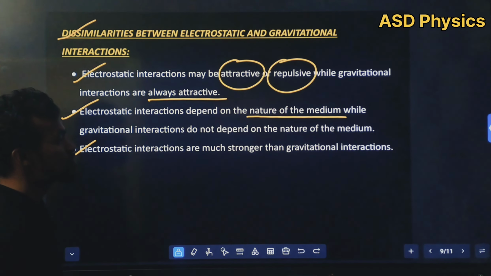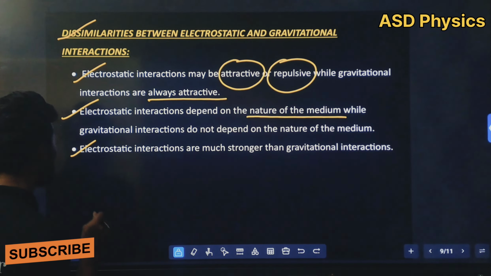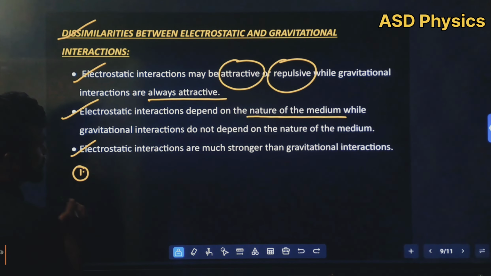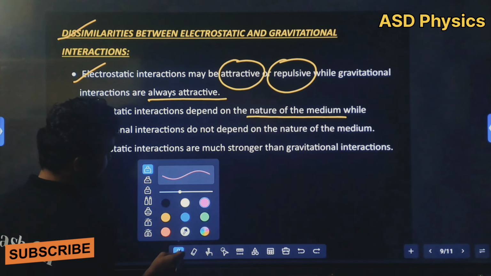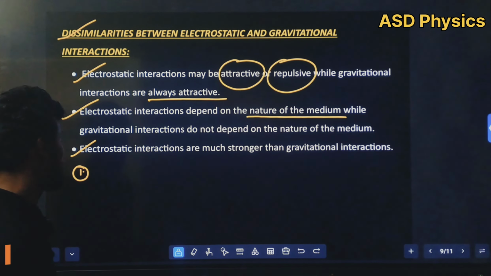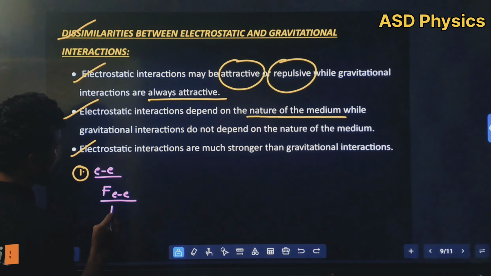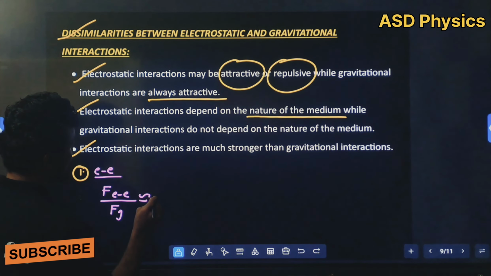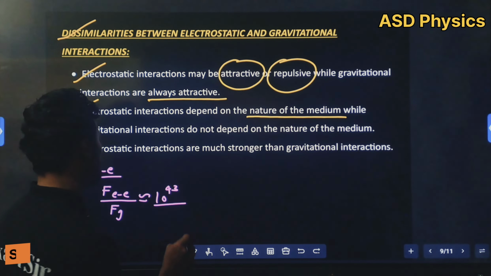Next one, electrostatic interactions are much stronger than the gravitational interaction. For that, please remember three points. Whenever two electrons are there, you know very well the electrons have charge and mass also. So for electrons, the ratio of electrostatic force to gravitational force comes nearly 10 to the power 43. In exams they used to ask.